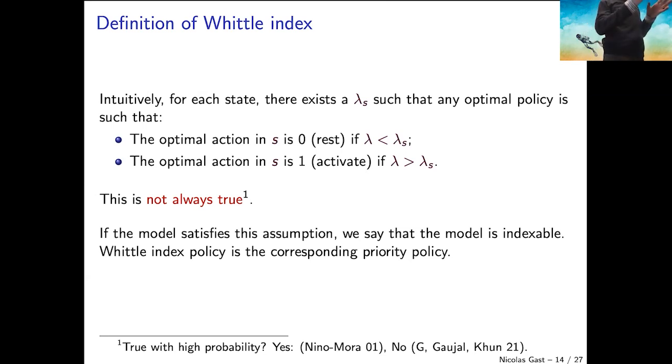And I would say that not everyone agrees on whether this is true most of the time. It's definitely not true with priority 1, but I guess it depends on how you define the priority of measures on arms, how you generate them. But in particular, for dense matrices of reasonable size, meaning more than 4, 5, 6 states, this is almost always indexable.